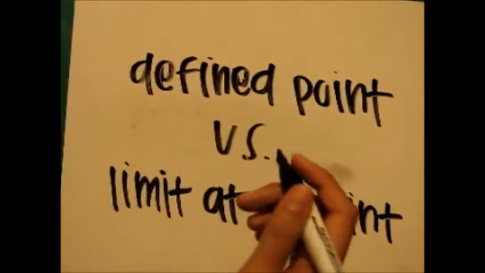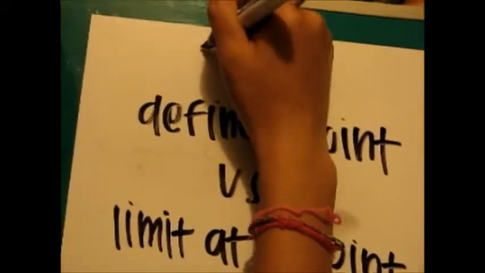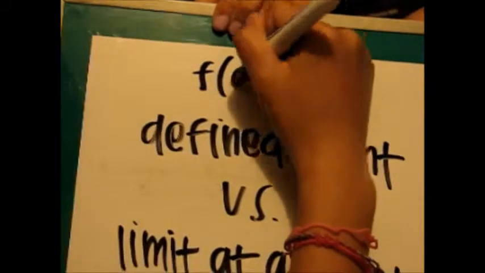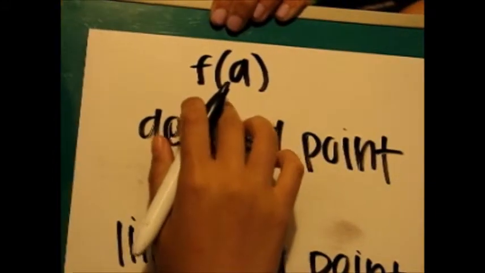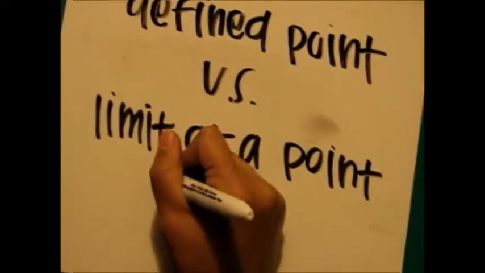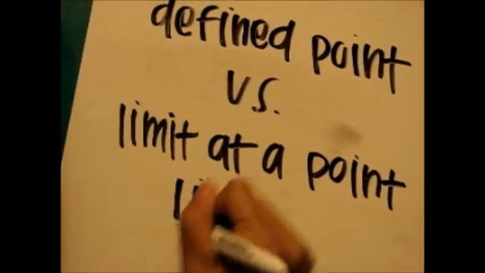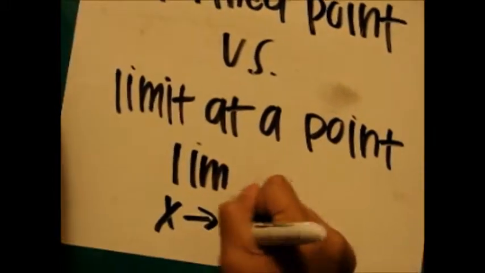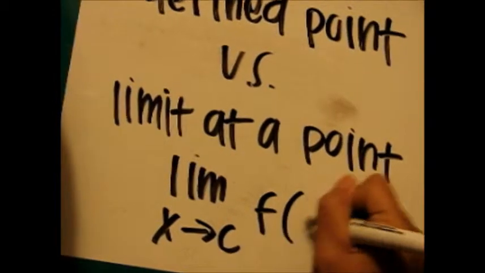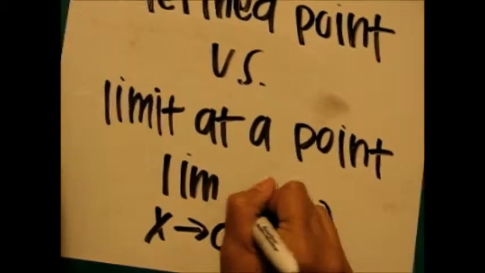A defined point can be shown as an equation like such as this, whereas a limit is seen written as something like this.